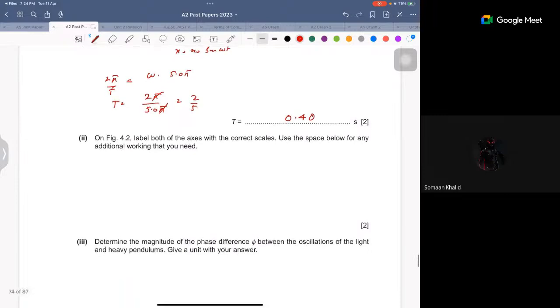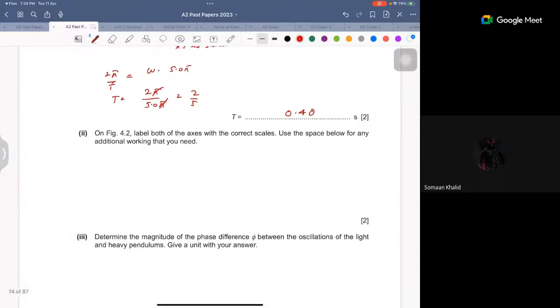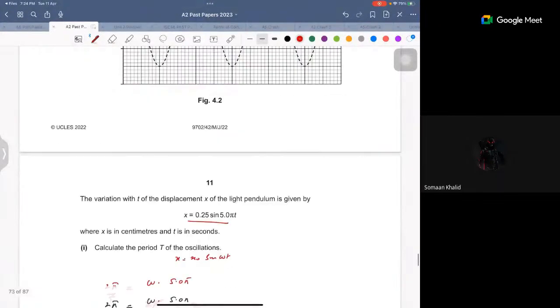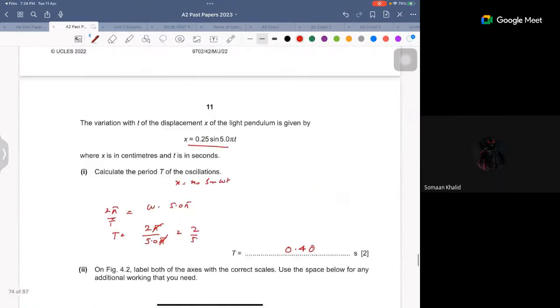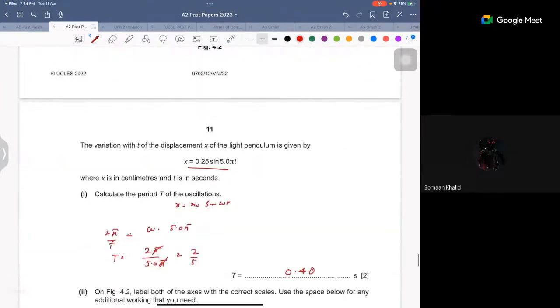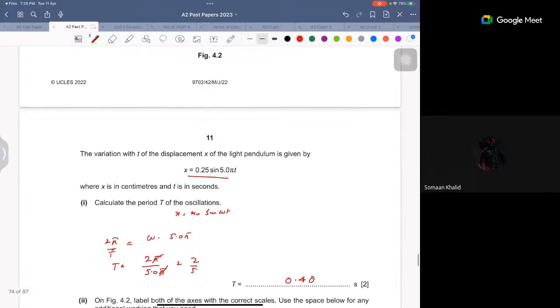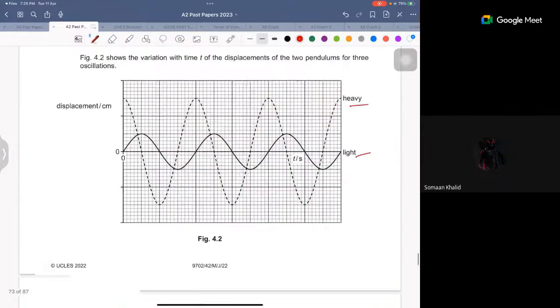Now, on the figure axis, use the space below for any working. Label both axes with correct scales. What is he even asking? Oh, I get it. What time period did we find really? For the light pendulum, right?